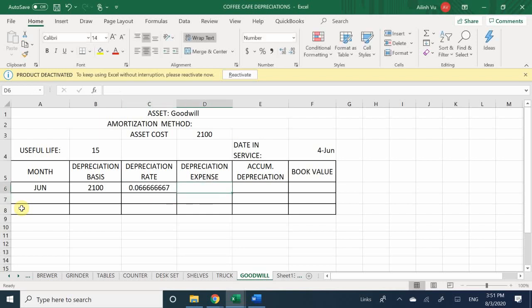You get 0.06666666, so just a string of sixes with a 7 at the end.